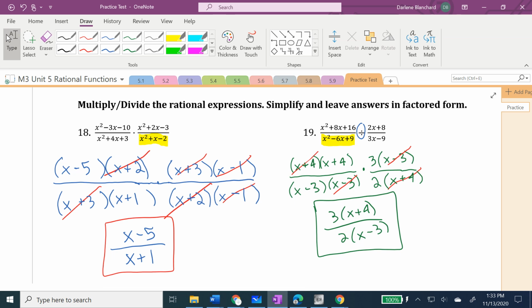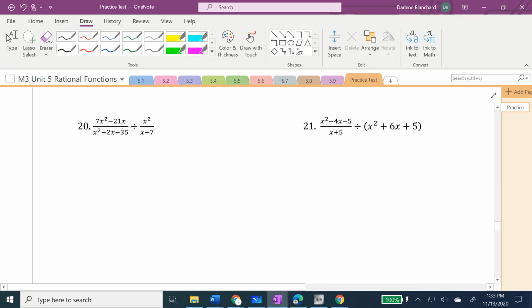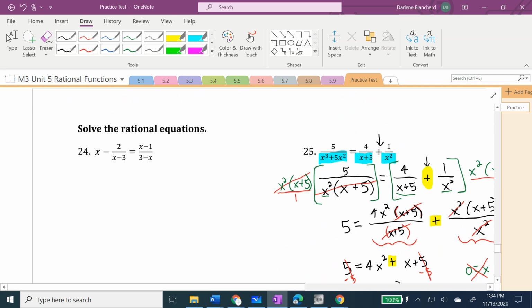All right, we have time to move on to another solving equation. So let's look at 24 right here. I'm going to erase the left side of 25. Okay.